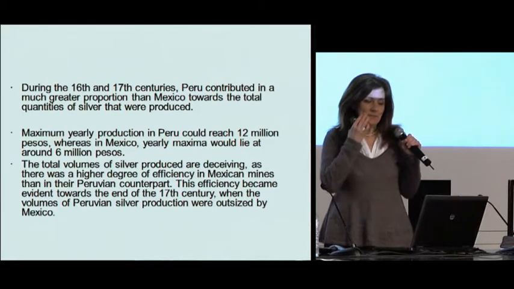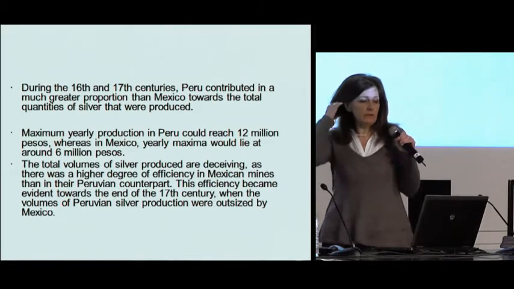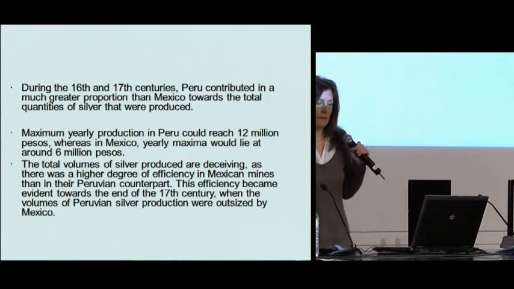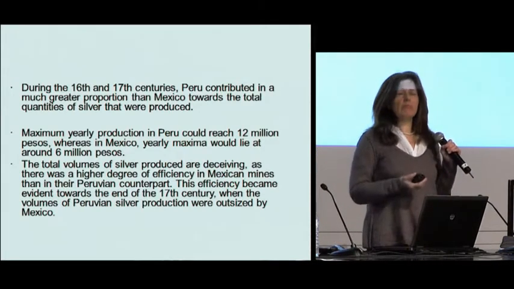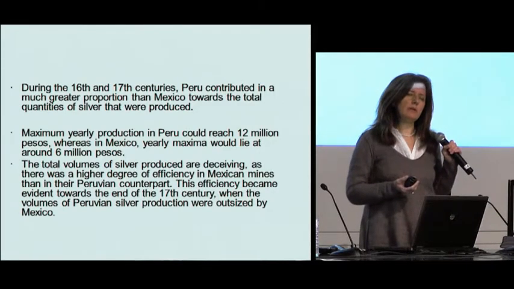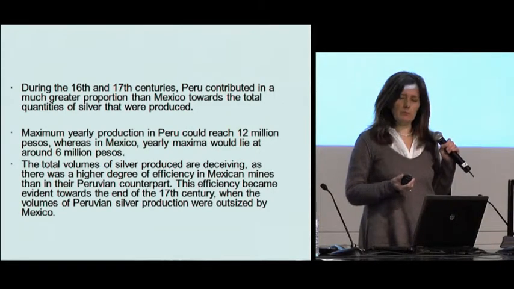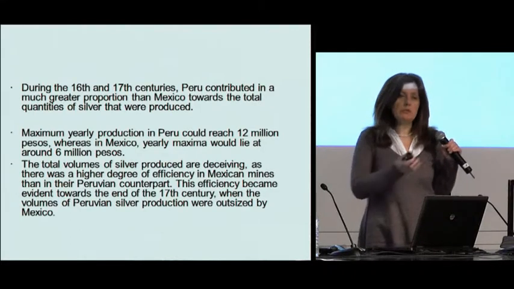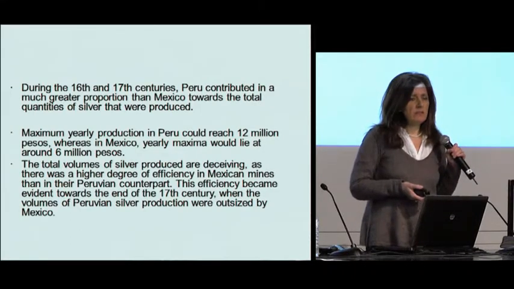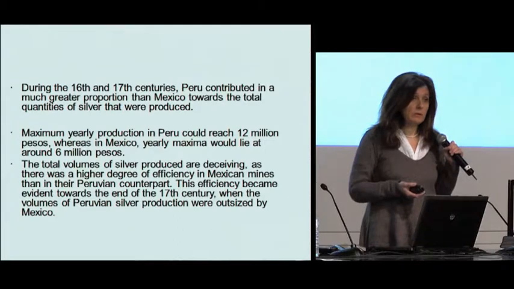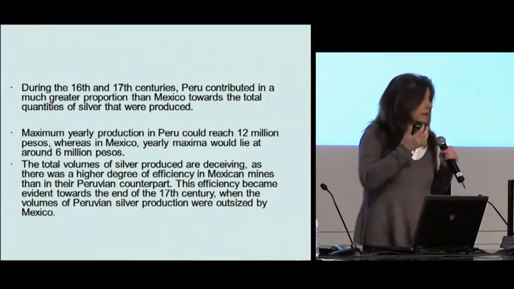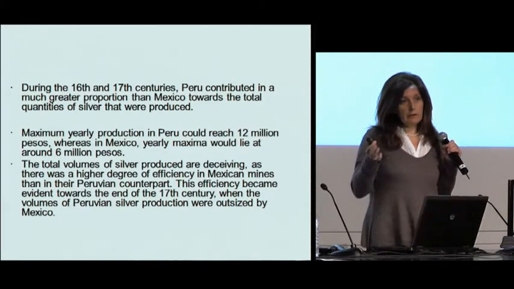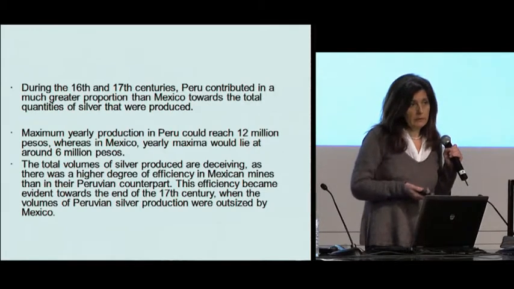Now, I believe the total volumes of silver produced then are deceiving, right? Because one should look at silver that was produced in different areas as basically a different type of commodity, because the production costs were different. Yeah. The production techniques were different, the geographical characteristics were different, right?